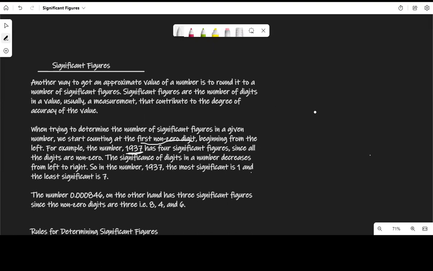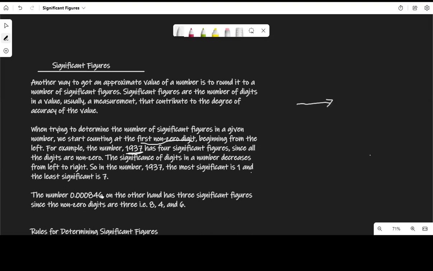So in essence, the significance of a digit decreases towards the right-hand side. The first non-zero digit is the most significant, while the last digit, in this case 7, is the least significant.